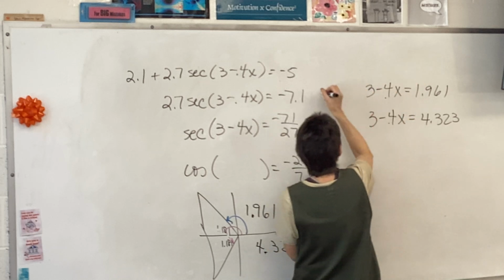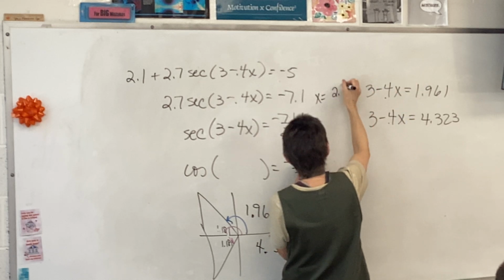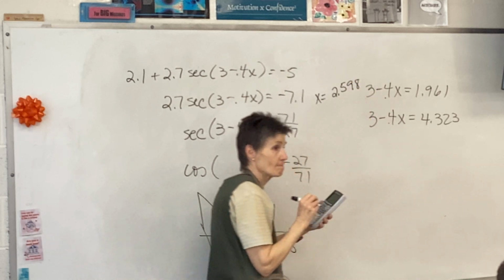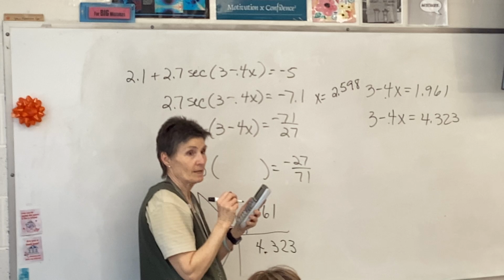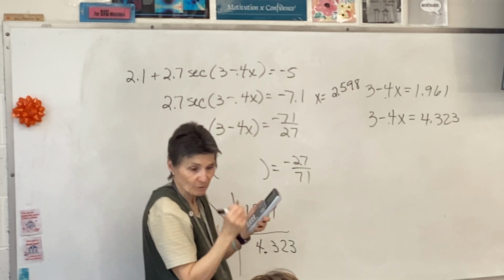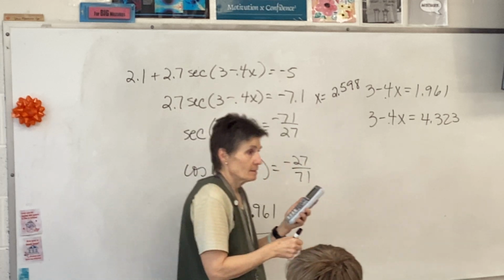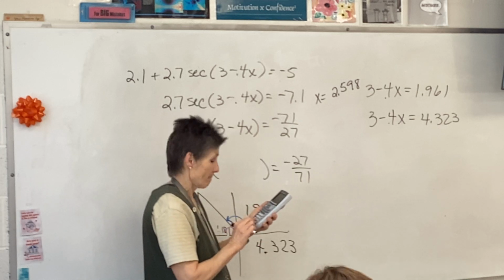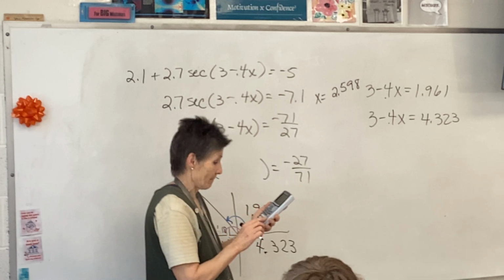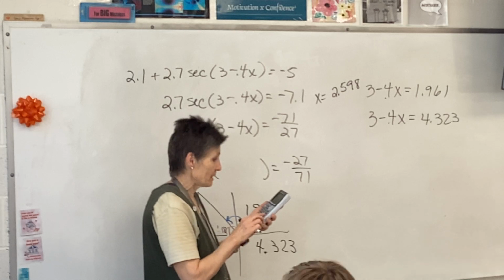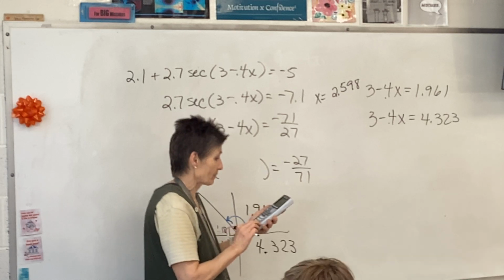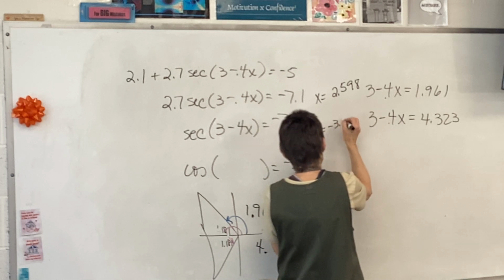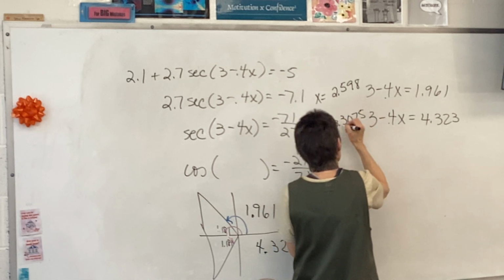For this one, I got x equal to 2.598. What about you? Did you get that? Somebody double check it for me. Good. Now I'm doing the other one. And for this one, I got negative 3.3075.